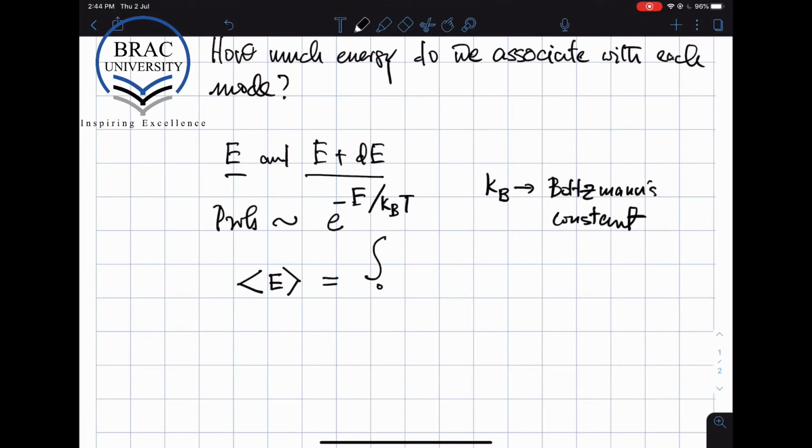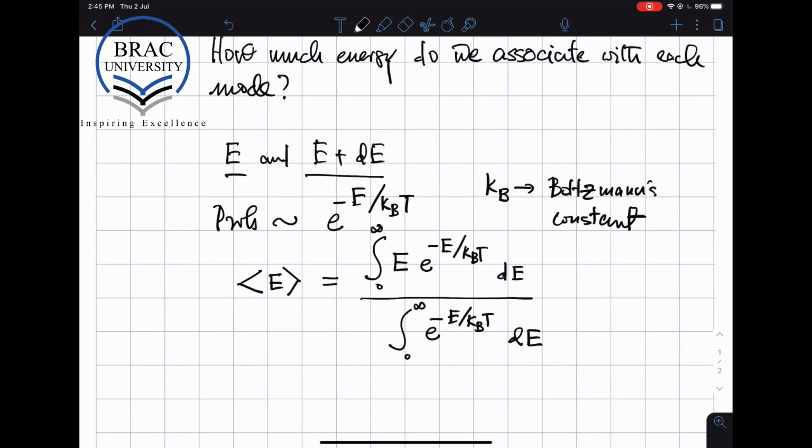We have an integral from 0 to infinity, and the average is E times the probability that this will be populated, which is e to the power minus E over k_B T, dE. To normalize this, we divide by this integral, just the sum of all the probabilities. Of course, we are assuming thermal equilibrium, otherwise we could not use the Boltzmann factor.